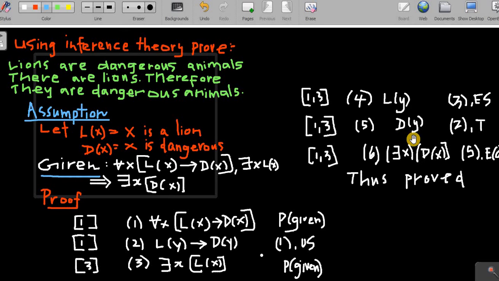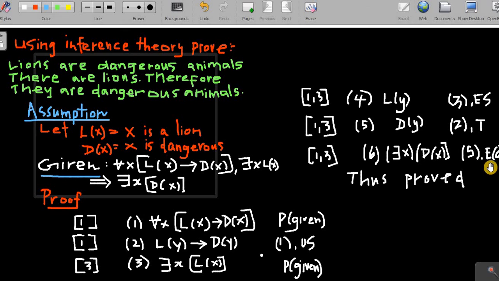Okay. Now, D of y. What is this? A particular element is dangerous. If y is an animal, it is dangerous. It's a particular element. Now, there is another rule or principle.